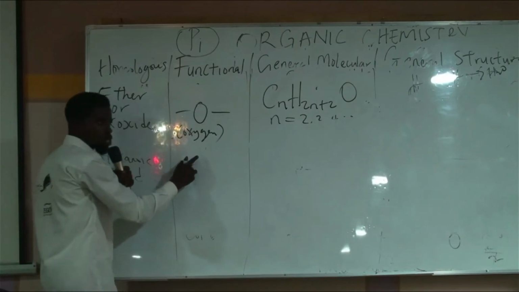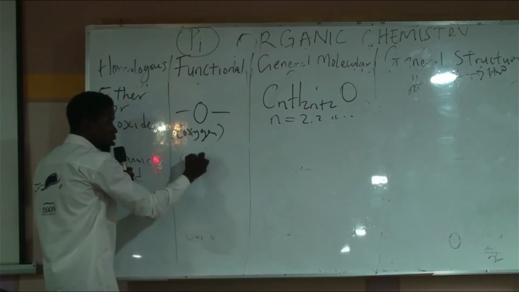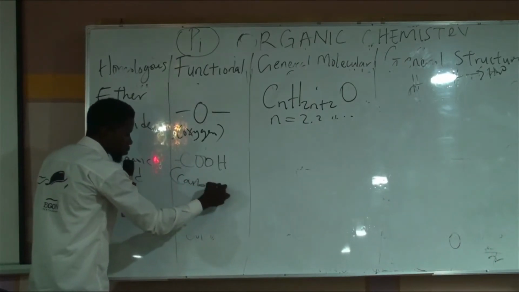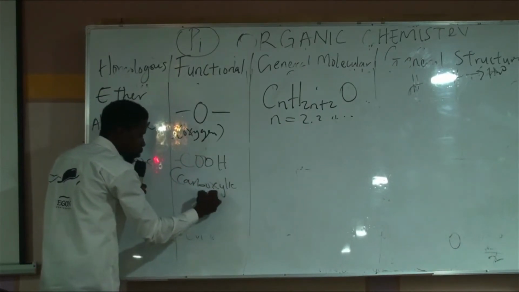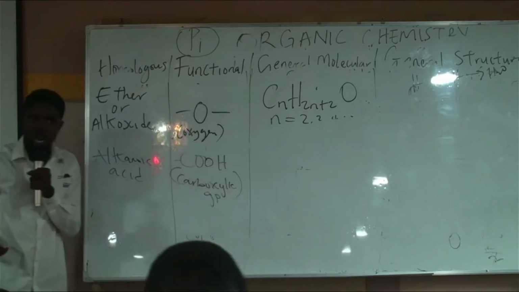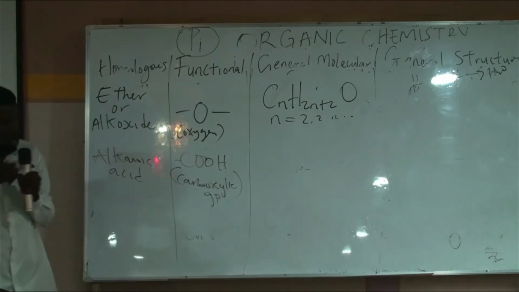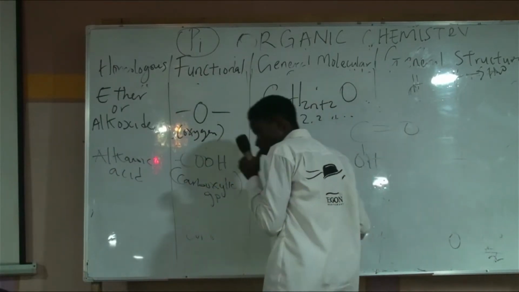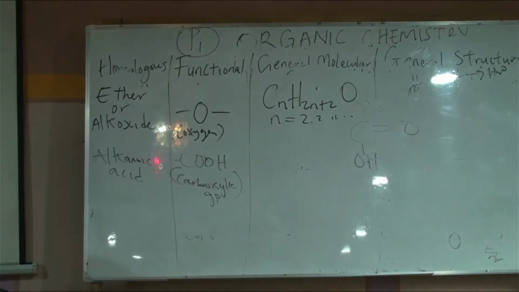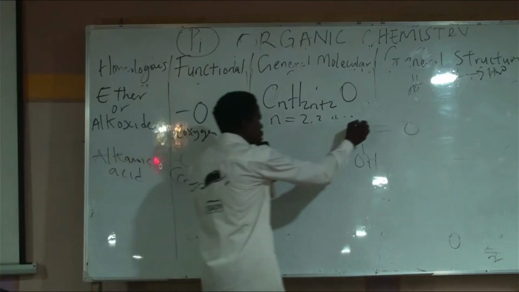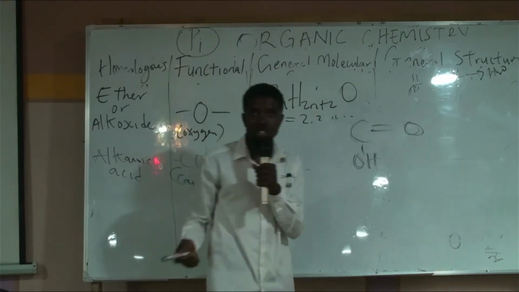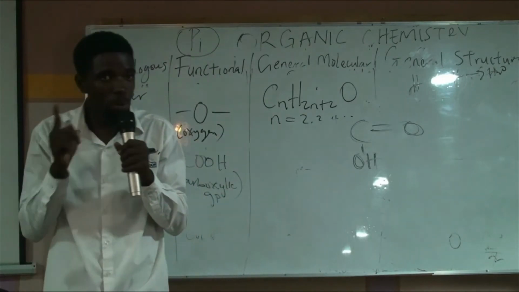the functional group is what? COOH, which is carboxylic. The carboxylic group is a combination of your carbonyl group and hydroxyl group. When you combine C double bond O to OH, what you have there is what we call carboxylic.